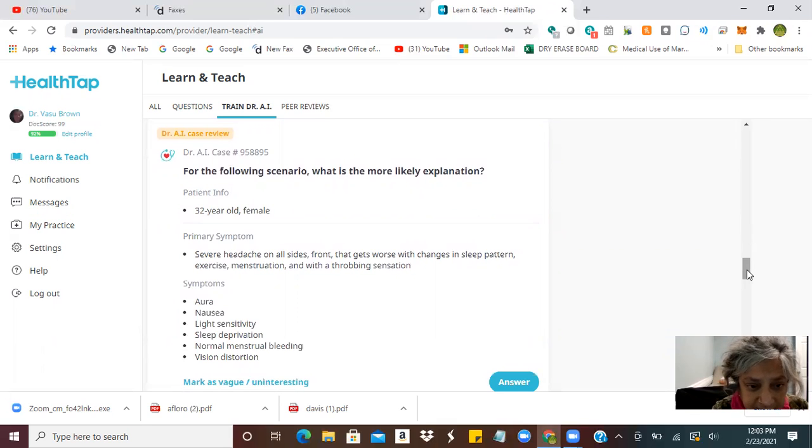32-year-old female. So she's a young female, severe headache on all sides, global headache. Front that gets worse with change in sleep pattern, exercise, menstruation, with a throbbing sensation. This is a sign she has acidic beta layer, like they call it in Ayurveda. Like she has lymphedema in her brain, or nausea, light sensitivity, sleep, depression, normal menstrual bleeding, vision distortion. So this is some acute cluster migraine headache.